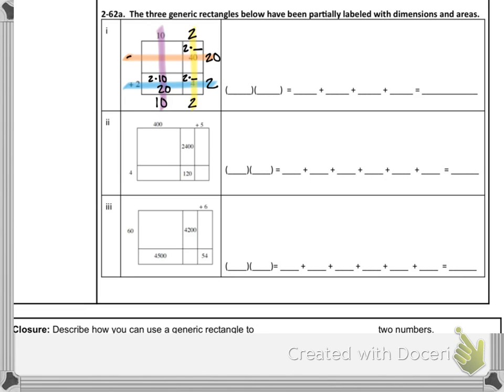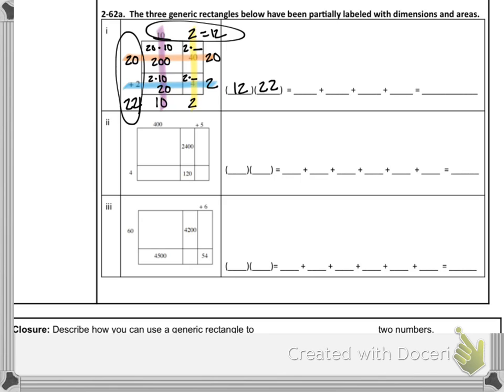I'm going to transfer that 20 over to the left-hand side. I have both exterior pieces, so I can go 20 times 10, and that's going to give me 200. In order to read this generic rectangle, the 10 and the 2 on the top is a 12. And the 20 and 2 on the bottom is a 22. 12 times 22.